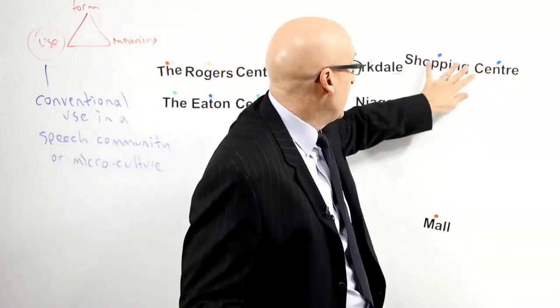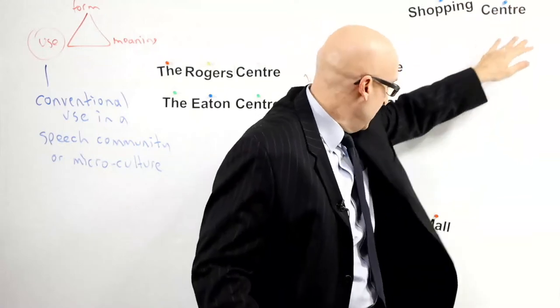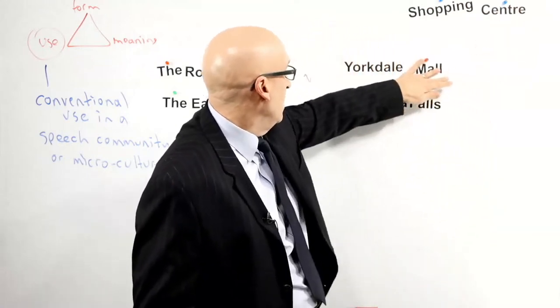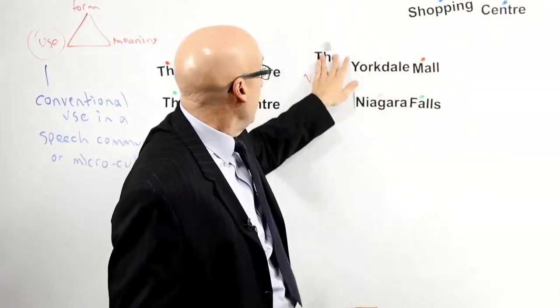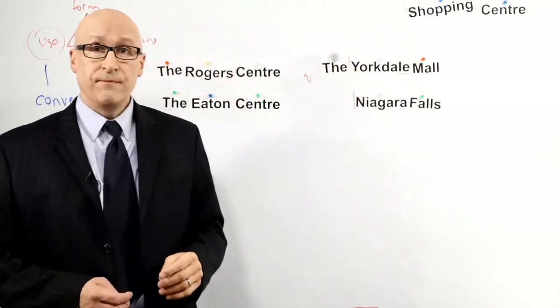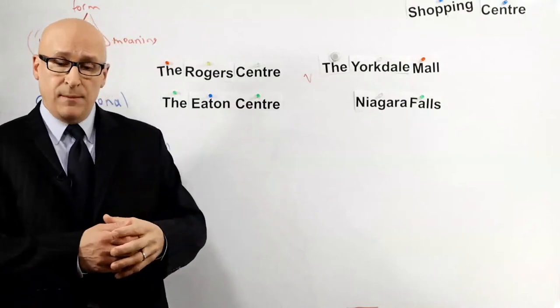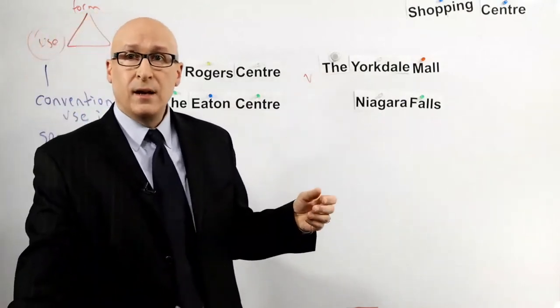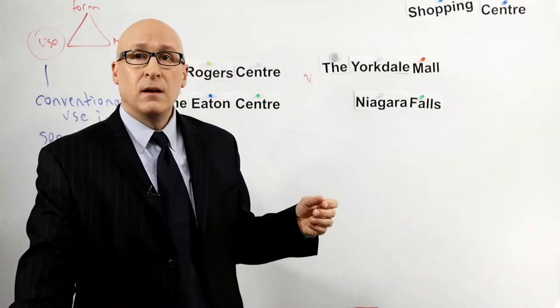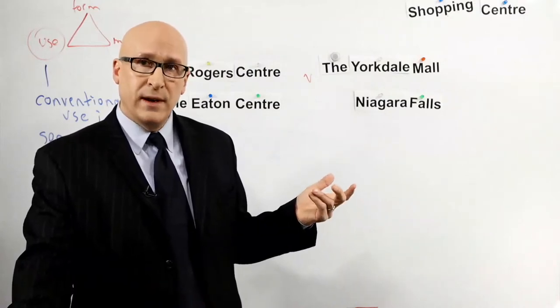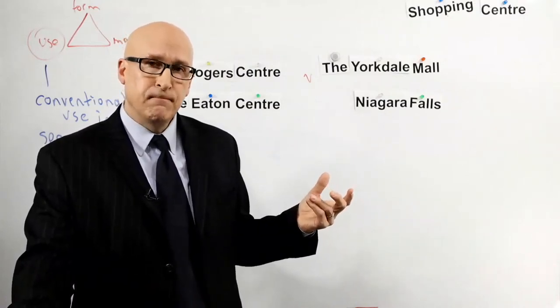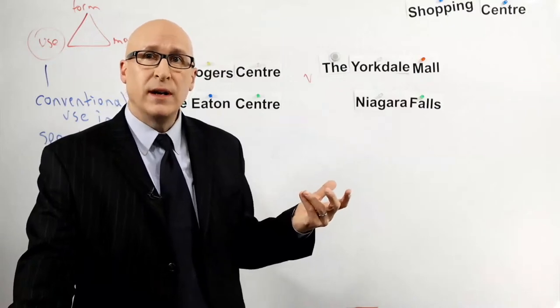But if you want to make that shorter, because shopping center is a synonym for mall, I don't see why we can't say the Yorkdale Mall. It's the same as the Eaton Centre, really, when we talk about our local culture and whether it's understood by everyone, right?